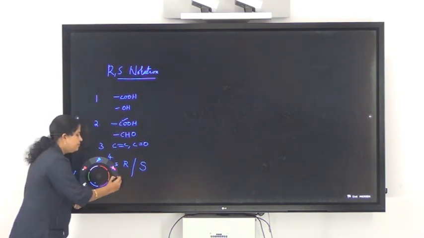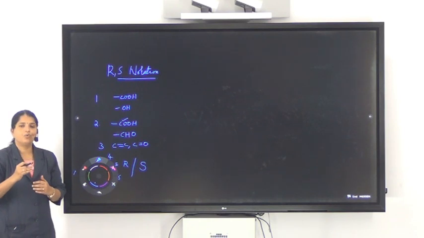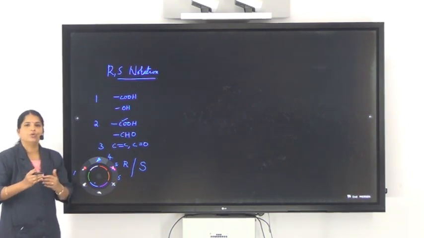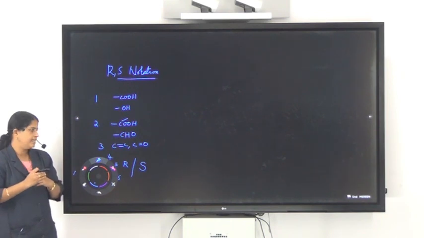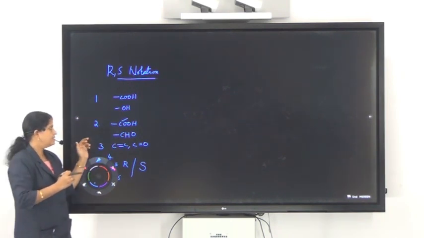Then the last rule, if the least priority group is pointing towards us, then take the opposite of the rotation we obtained from the front side. So these are the rules for assigning this RS notation.